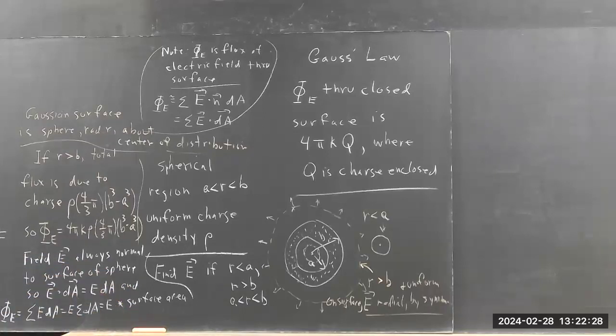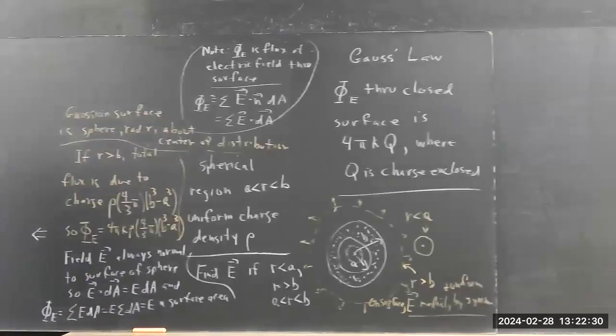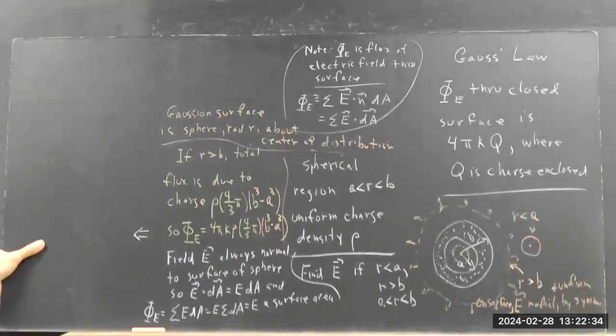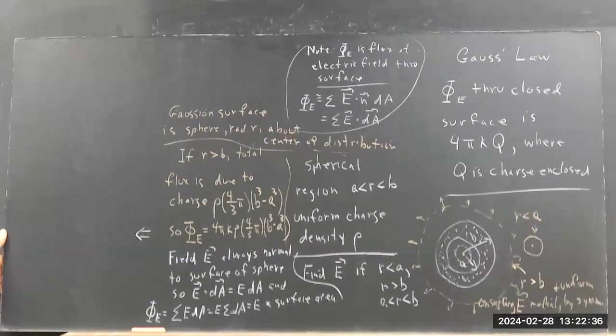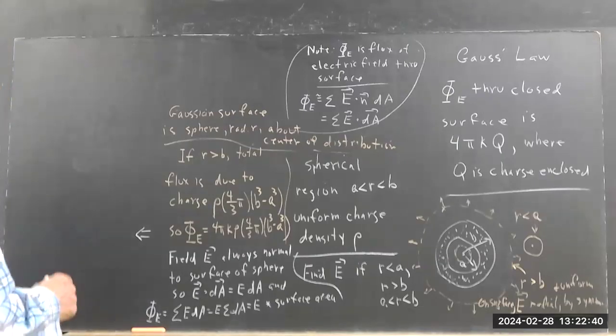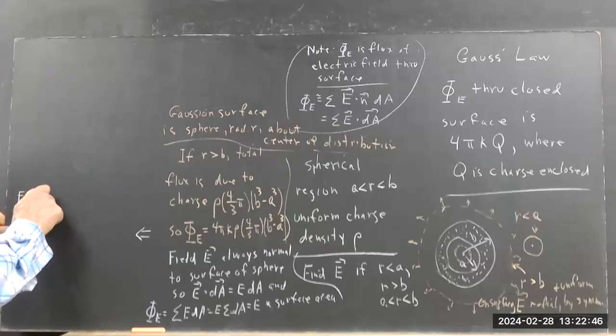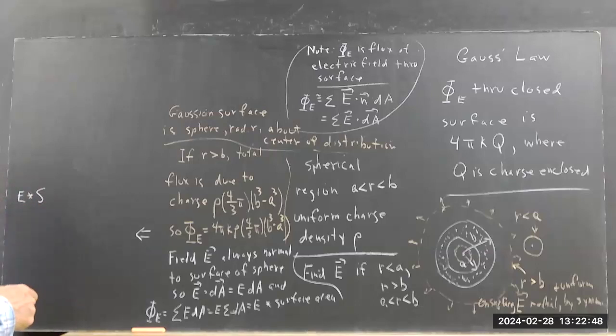So phi E is this, and it follows then that... I'll use S for the surface area.